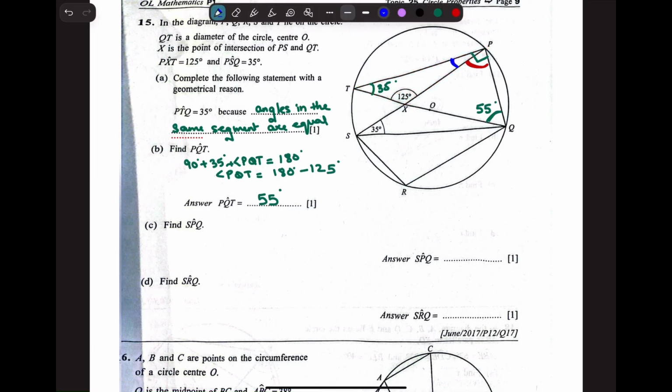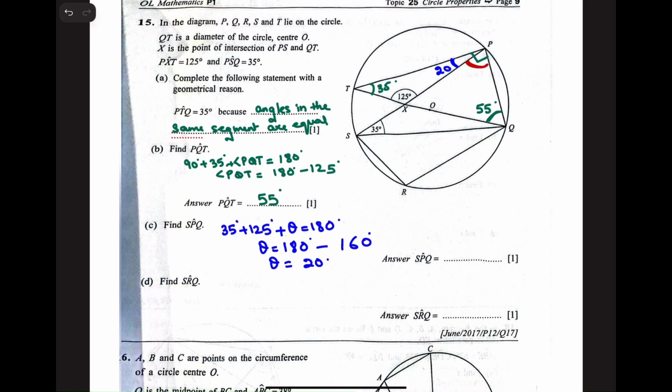So 35 plus 125 plus, let's call it theta for now, should add up to 180, so theta is going to be 180 minus 160, so theta is 20. So if this is 20 and this entire angle is 90, all we have to do is subtract 20 from 90, which gives us 70. So angle SPQ is 70.